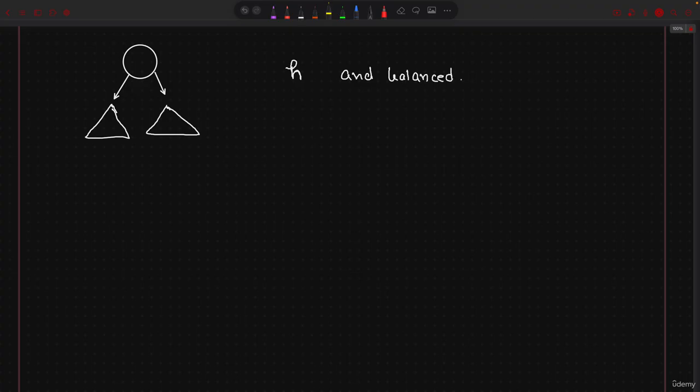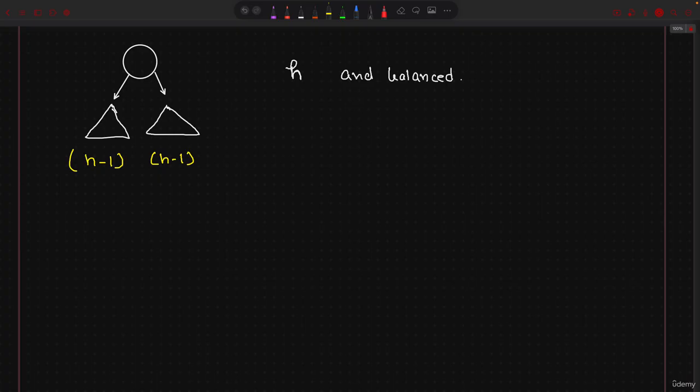Here I feel that the first option can be h minus 1 and h minus 1. So the left one can have h minus 1 height and the right one can also have h minus 1 height. Whenever we are trying to solve these questions, always try to think how you can break your problem in such a way that it becomes a subproblem.